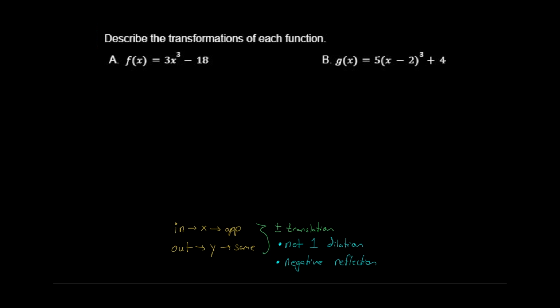So in this first one, this is a cubic because of the exponent of 3. As far as transformations go, there are 2 operations happening to the x to the third. The x to the third just tells us what type of function it is and doesn't actually tell transformations. So the operations, multiplication, addition, and subtraction, will tell us what transformations have happened to the graph of x to the third. So first, starting with multiplication, we have multiplying by 3.